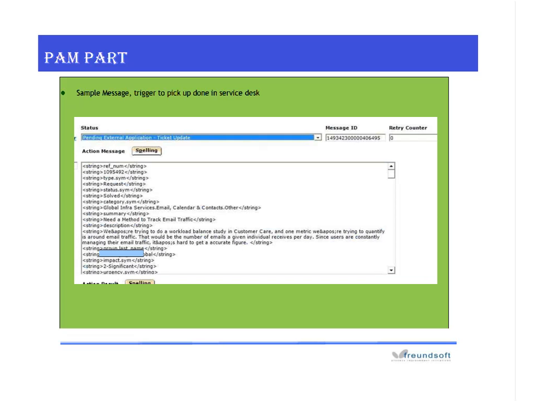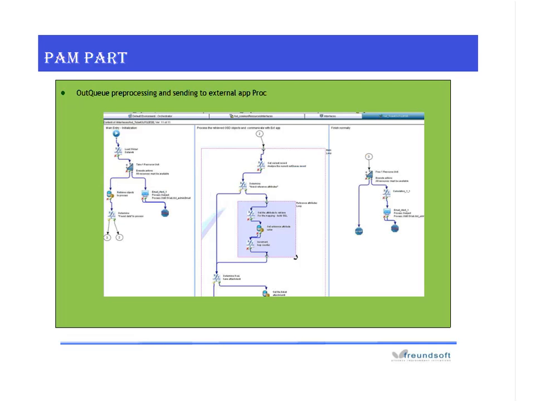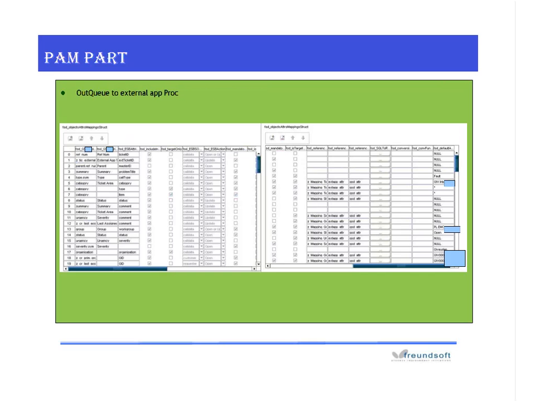Very flexible to use, and afterwards very flexible to map on the system. The out queue pre-processing and sending this information to the external application looks a bit more complex than the out queue. So this is another process.